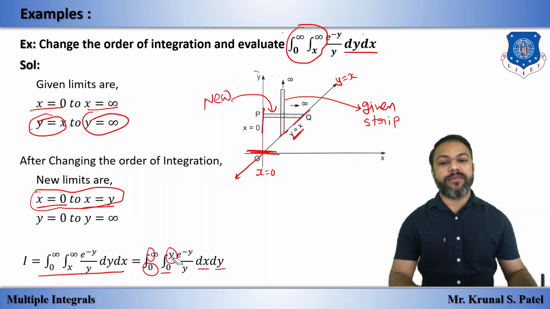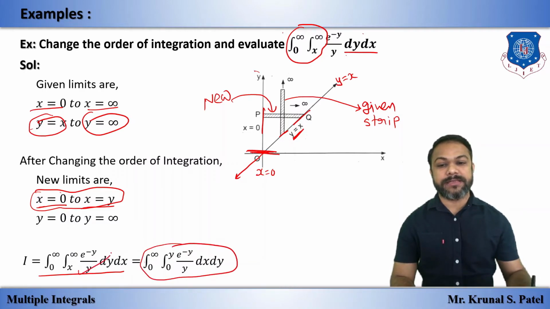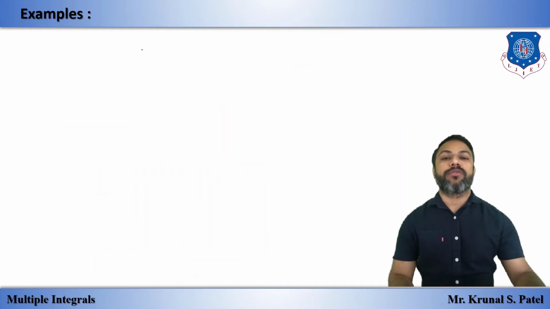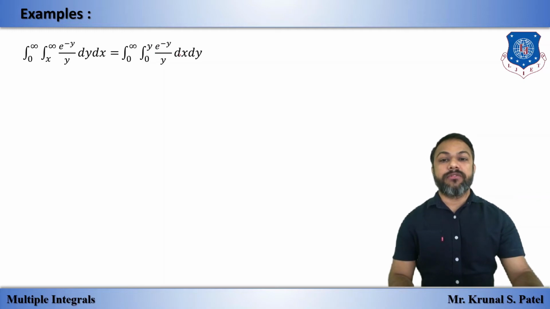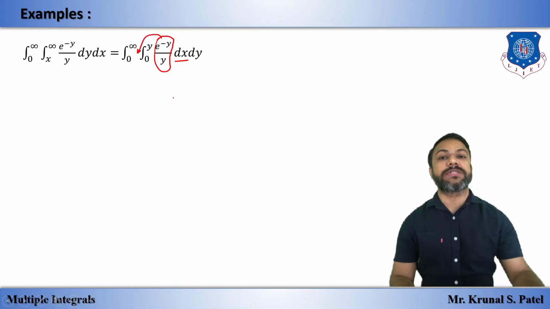Now we will integrate this new integral, which is quite easier than integrating the old one. I am writing it again. We want to integrate with respect to x, and this entire function is of y, so we can take it outside the first integration.